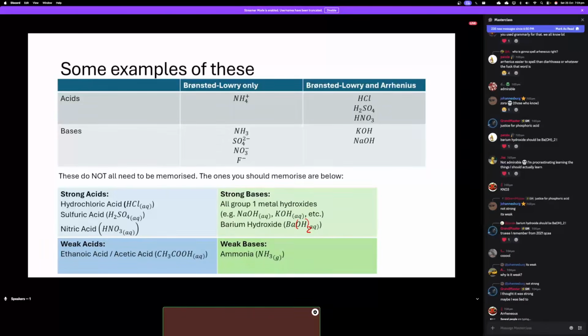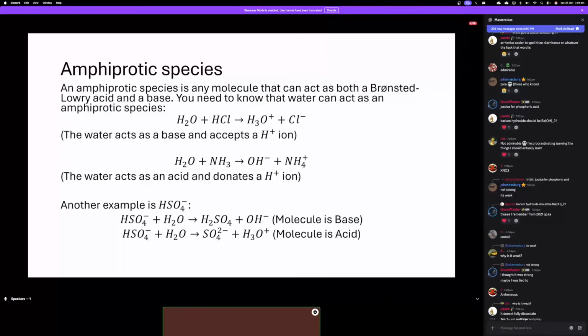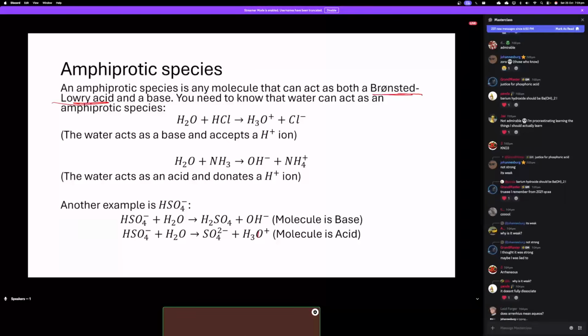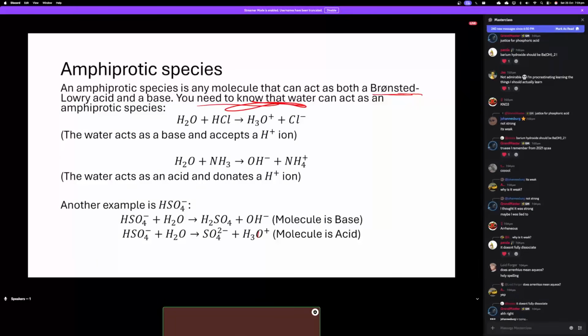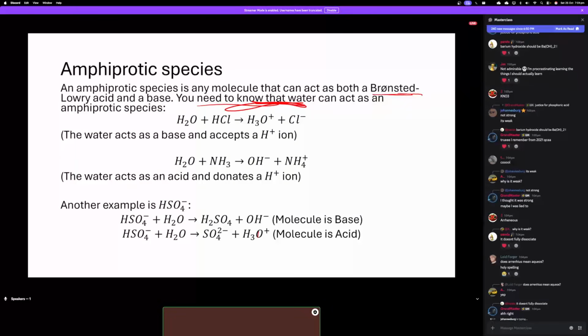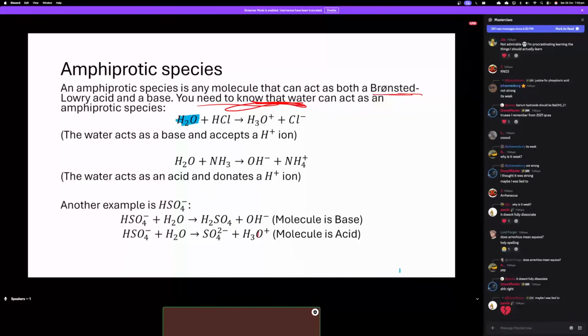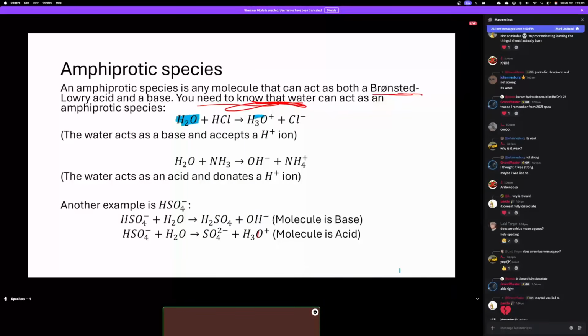Okay, moving on. Amphiprotic species. I saw someone talking about this in the chat. An amphiprotic species can act as both a Brønsted-Lowry acid and a Brønsted-Lowry base. It can do both. One of the ones you need to know is water. Water is an amphiprotic species. Here, water is acting as a base because it will accept a H plus ion.